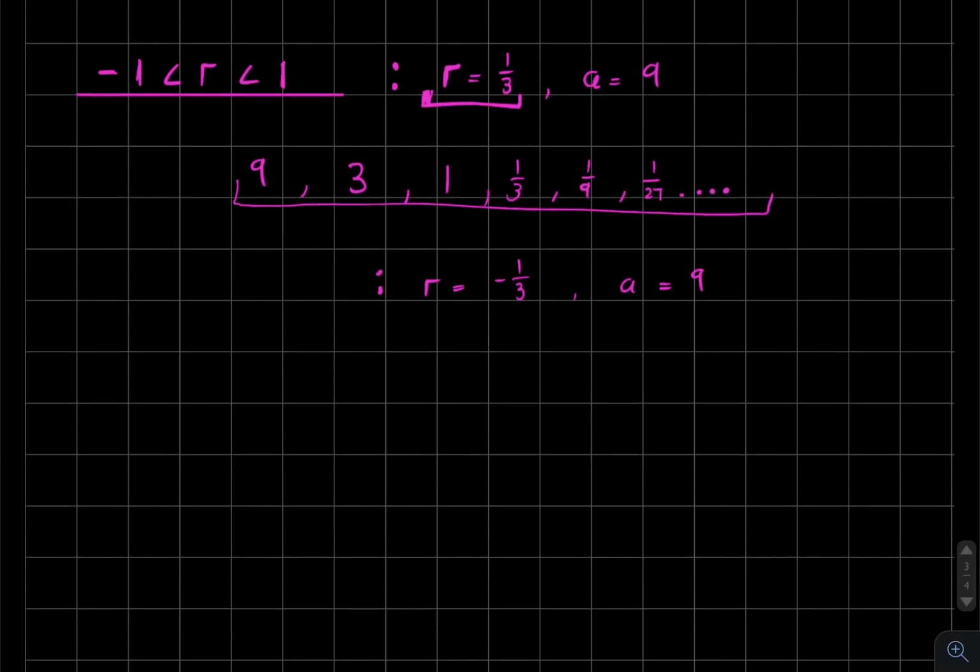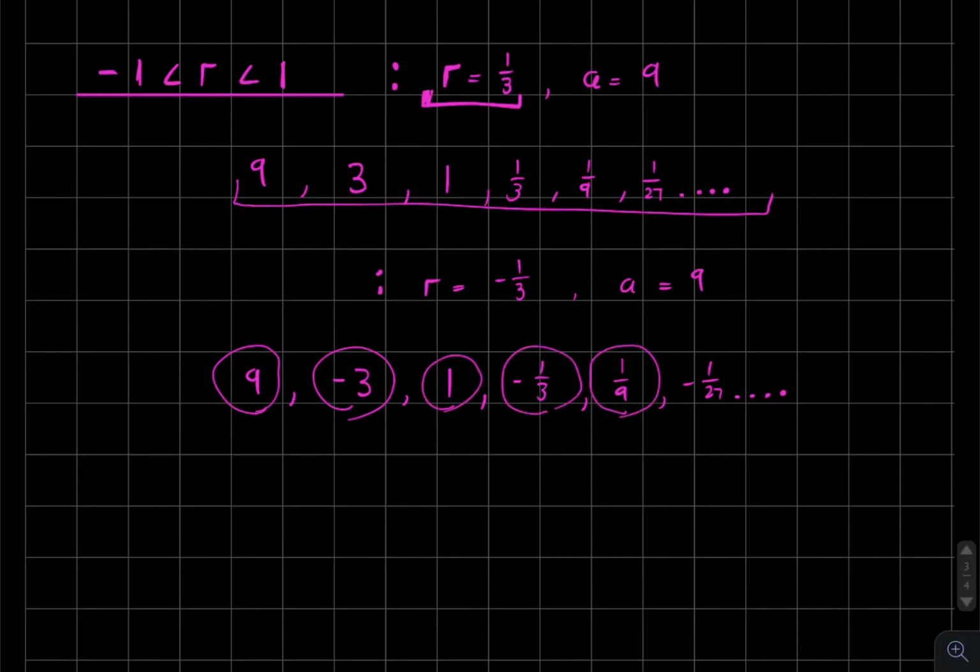We have a as 9. So we start off with 9. In this case, we have -3, then +1, then -1/3, then +1/9, -1/27, and so on. So in this case, we have a bit of a strange pattern, because we're fluctuating between negative and positive numbers.